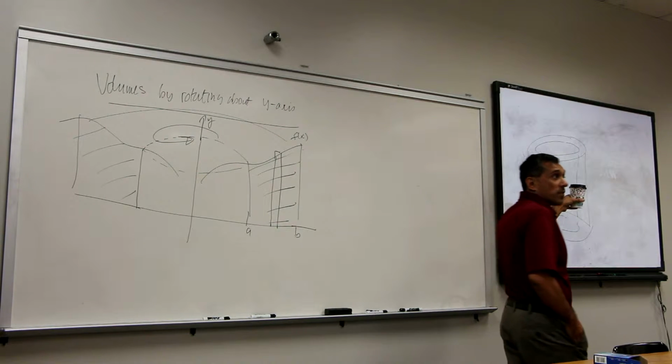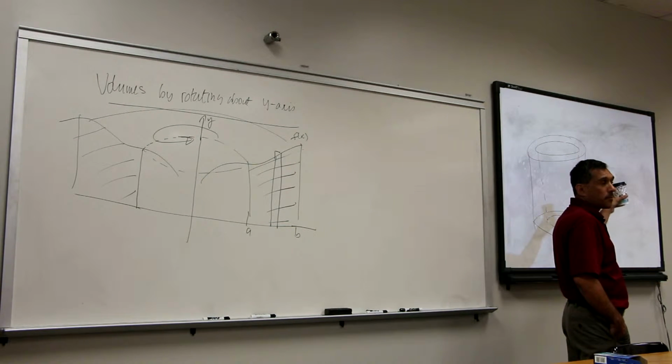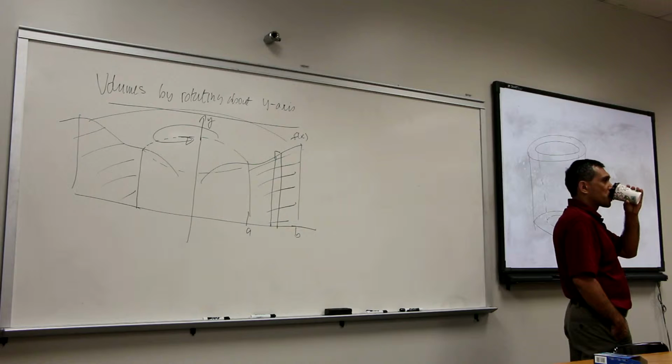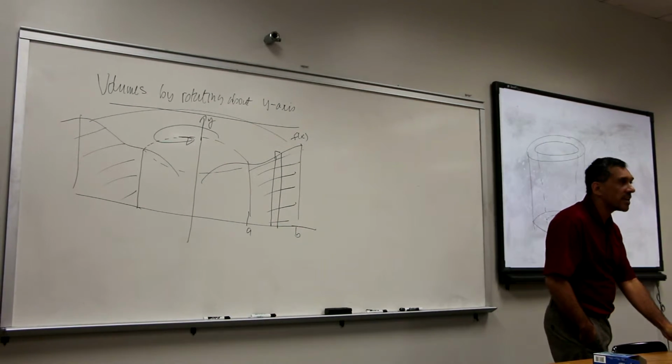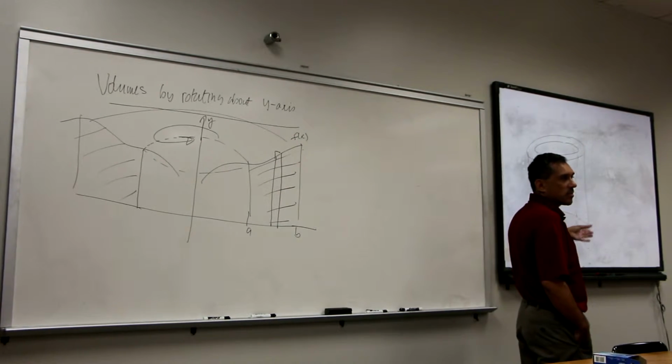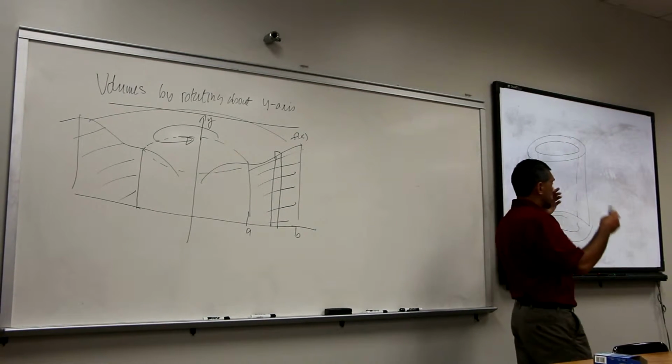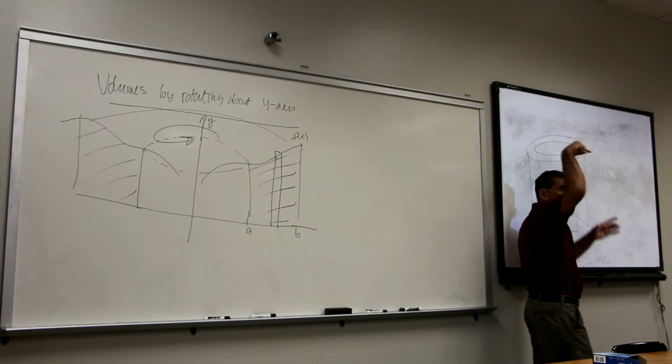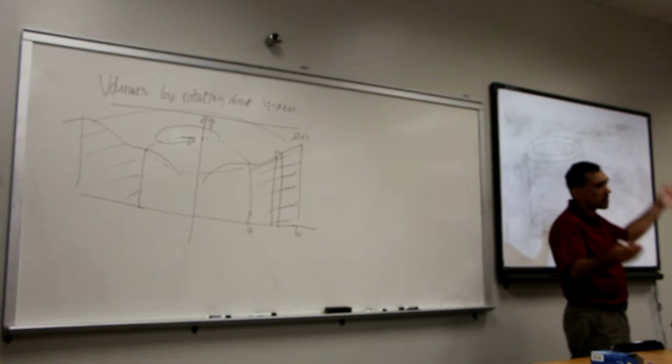To do that, we need to know how to find the volume of a shell. Does anybody know how to find the volume of a shell? Well, you just use cylinders and say, well, take the volume of the outer cylinder, drill a hole through it, find the volume of that thing, and subtract.